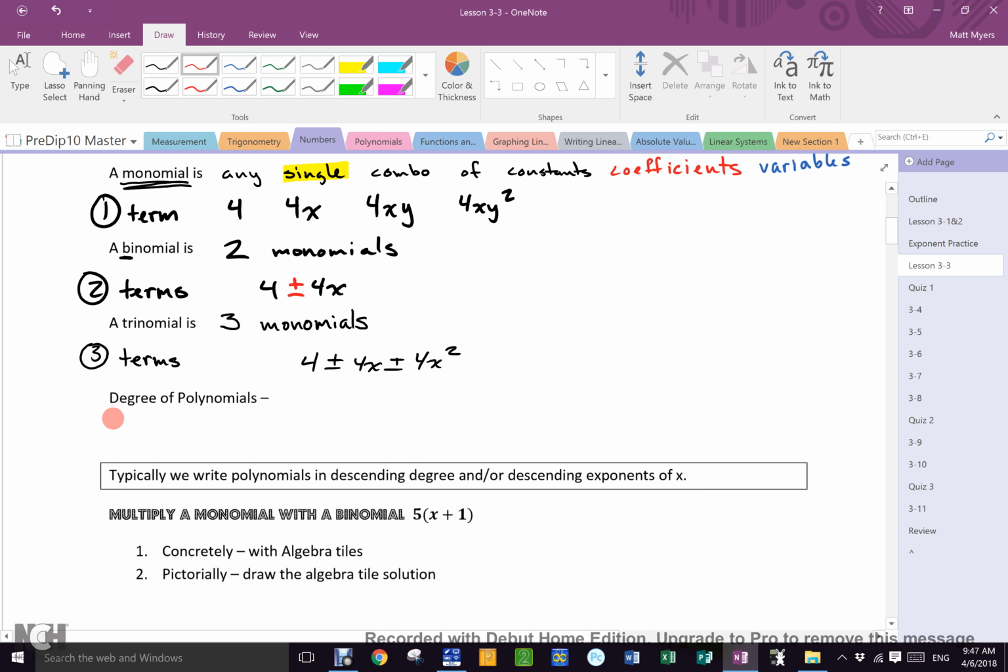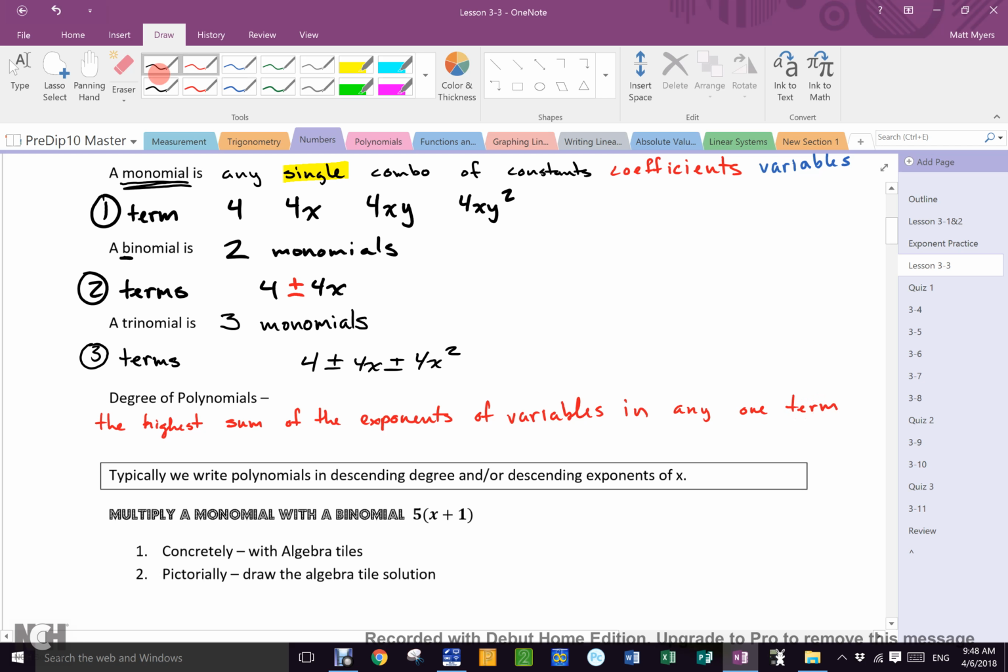The degree of a polynomial is the highest sum of the exponents of variables in any one term.